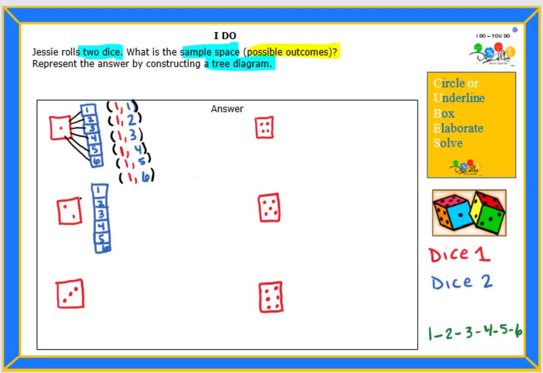And we'll connect it. 2 with 1, 2 with 2, 2 with 3, 2 with 4, 2 with 5, 2 with 6. Let's go ahead and write those possibilities down. Okay, and then we will continue doing this for each red die that I have marked here as the first possible outcome. I'm going to create the second set of possible outcomes.